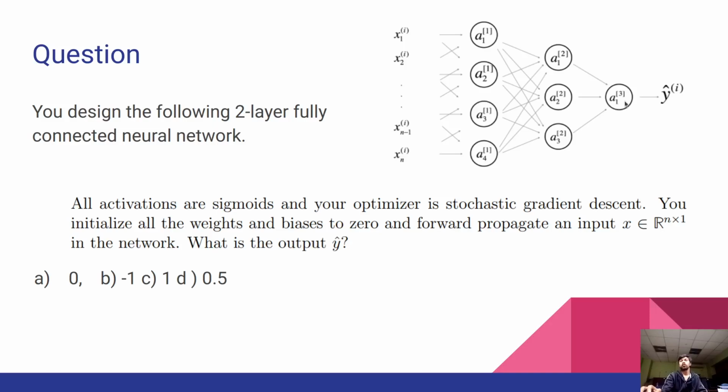So the question is, all of the hidden weights are 0, biases are also 0, and the input can be anything. What is the output here, if all the weights are 0, biases are also 0, and we have sigmoid activation?